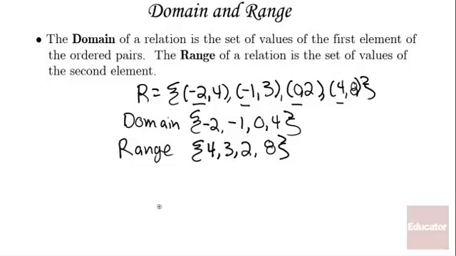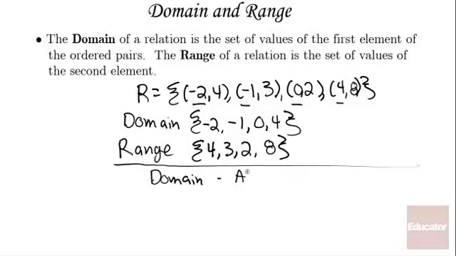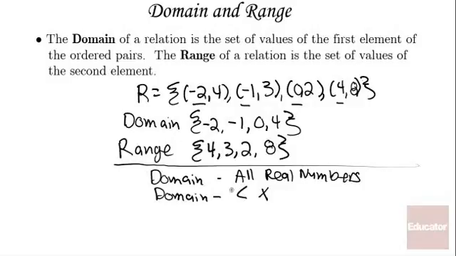A domain or range can also be broader. For example, the domain can be something like all real numbers. So not in this case, but just in another case, it could be all real numbers. Or a domain could be given as x is greater than 3 but less than 8.